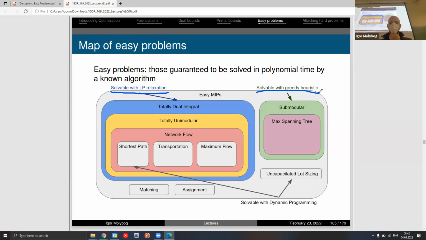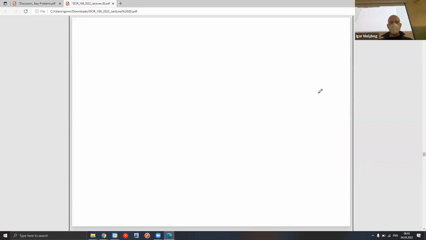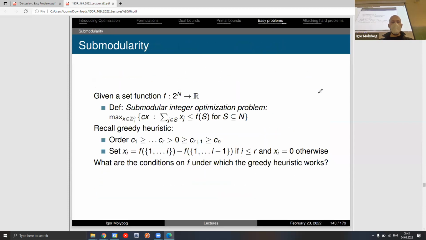A heuristic aims to find a good feasible solution, generally speaking, and there is a class of problems for which a greedy heuristic results in the optimal solution, in fact. It's not just any feasible solution. It's actually guaranteed to give you a feasible solution that is optimal.